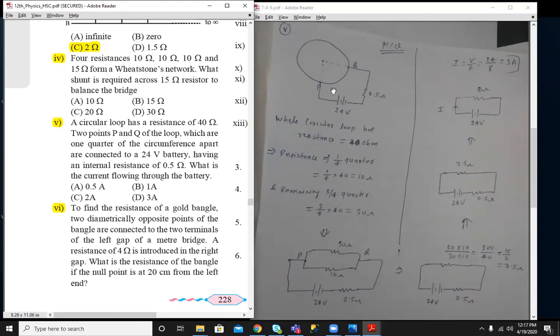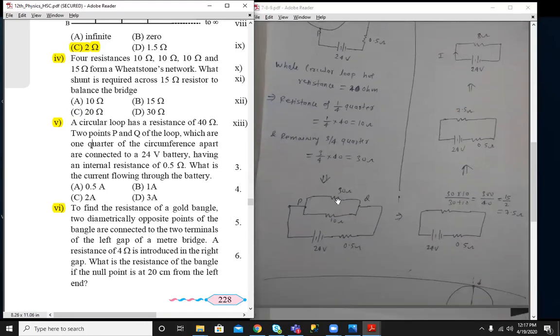We can see from the figure that between points P and Q, this 1/4 section and this 3/4 section are connected in parallel. So the 1/4 section has a resistance of 10 ohm and the 3/4 section has a resistance of 30 ohm. These two resistances in parallel are connected in series with a battery of EMF 24 volt and internal resistance 0.5 ohm.